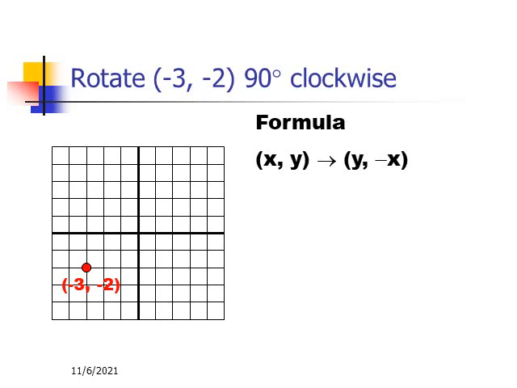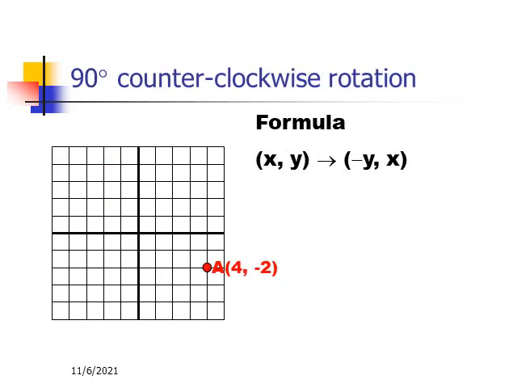Go and put your point on this plane, and you will find that the point moved to here. It moved 90 degrees to (-2, 3). Now you ask me about counter-clockwise.